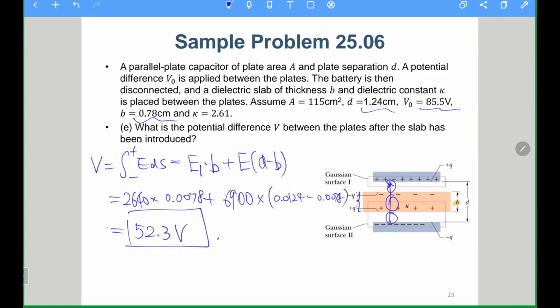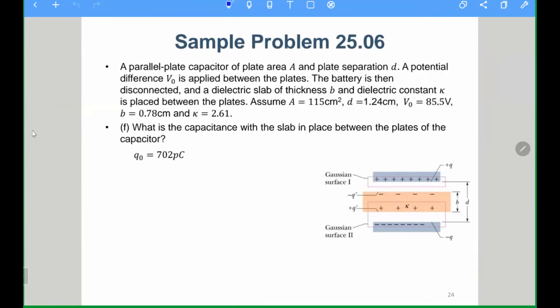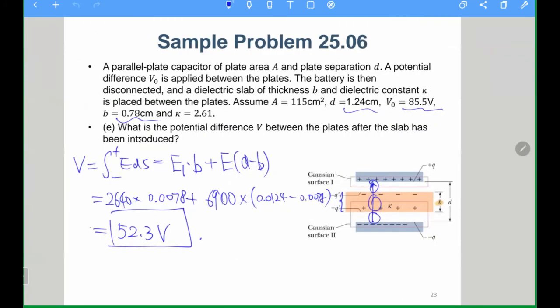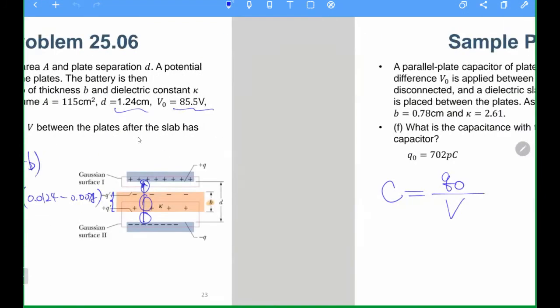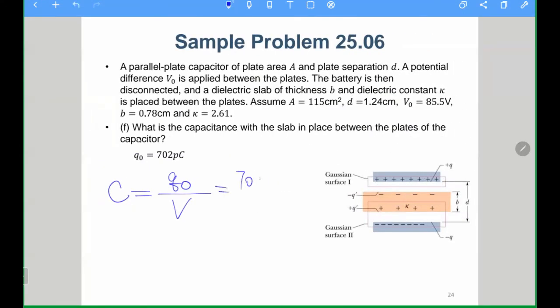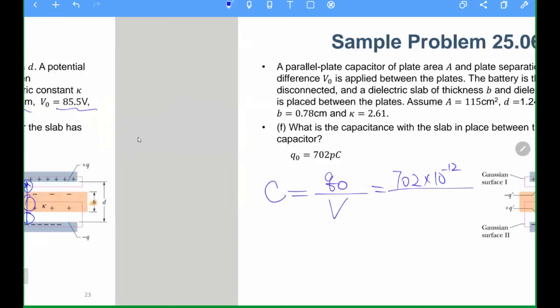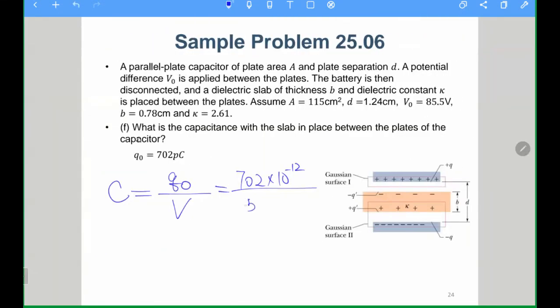So it asks what is the capacitance with the slab in place between the plates of the capacitor. Finally, we can simply calculate that the final C is Q0 over V, with the new V. So it is 7.02 times 10 to the minus 10 over 52.3.